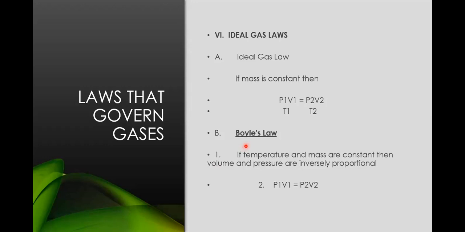It's mass and whatever one ain't in your triangle, okay? In Boyle's law, volume and pressure are inversely proportional, right? And so temperature is what's left. So temperature and mass must be constant. But they're not going to ask you much about that. Just know that Boyle's law says that when temperature and mass are constant, then volume and pressure are inversely related. Inversely. One goes up, the other goes down. Okay?